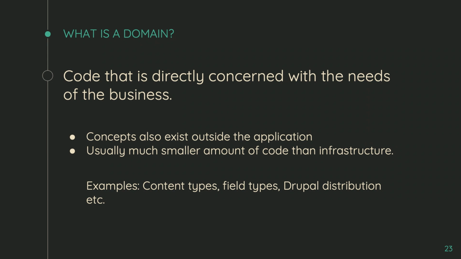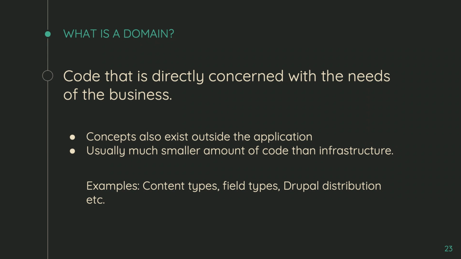So, quick question. Where does Drupal like to put its domain concepts? I was going to say in the database or configuration. Exactly, in configuration. That's why you get things like content types and fields. A Drupal distribution, what is that? That's just a Drupal representation of some kind of domain problem.